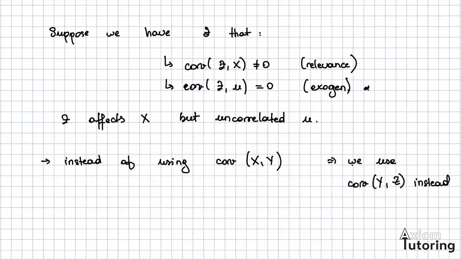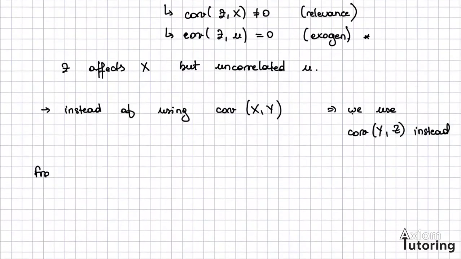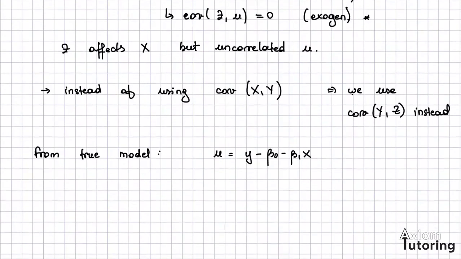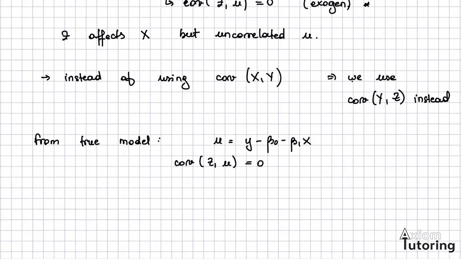So let's start from the exogeneity condition to get to the actual formula. From the true model, we have that the error term is equal to Y minus beta 0 minus beta 1x, okay? And given that the covariance of Z and U is equal to 0, what that means is that the covariance of Z and the entire expression that makes U, so Y minus beta 0 minus beta 1x, is equal to 0.